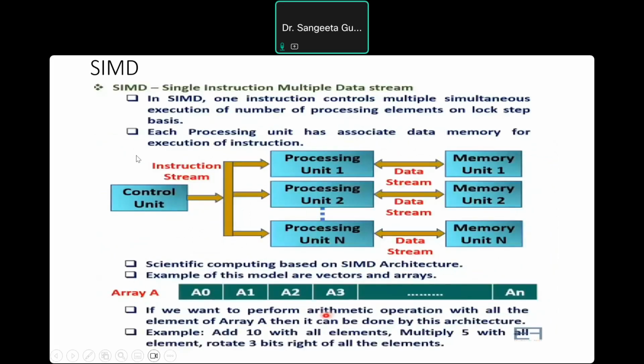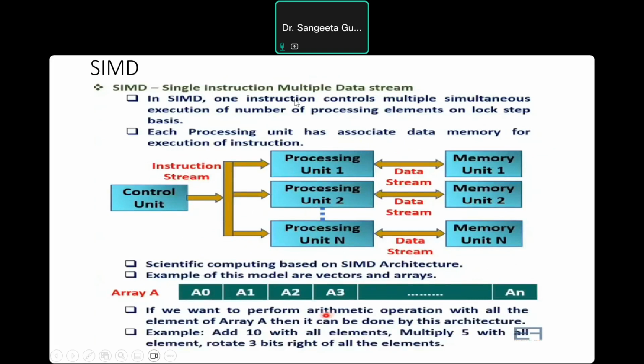Coming to the second one, we have single instruction and multiple data stream. In this approach, there is one single instruction which can be executed across multiple processing units, fetching multiple pieces of data across the memory units. So here, each processing unit has an associated data memory for execution of the instruction.